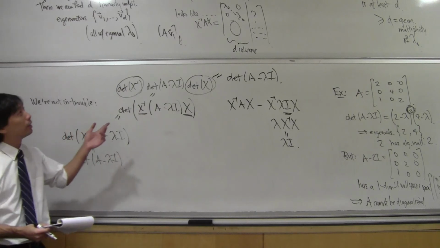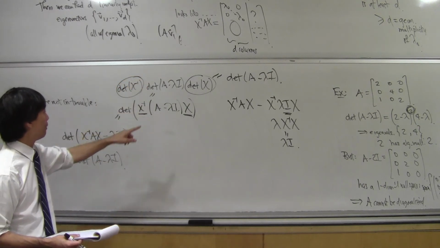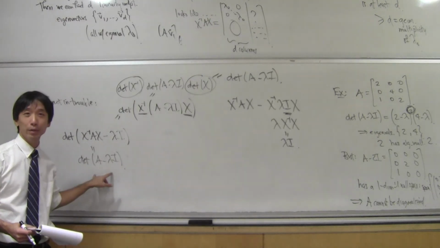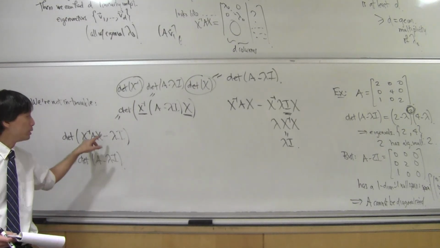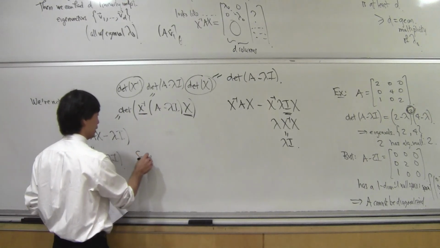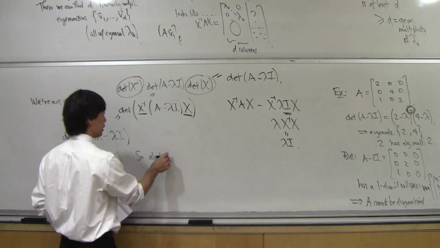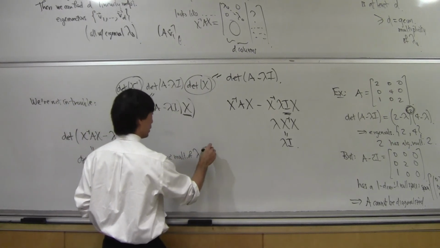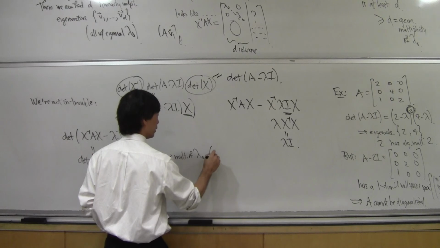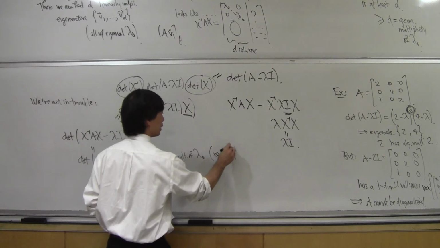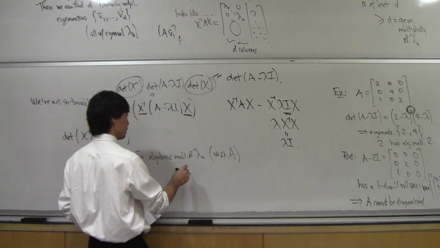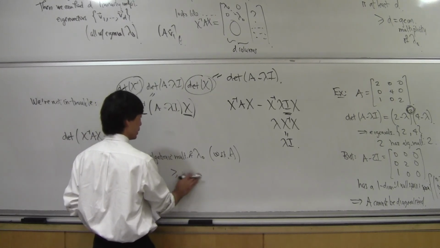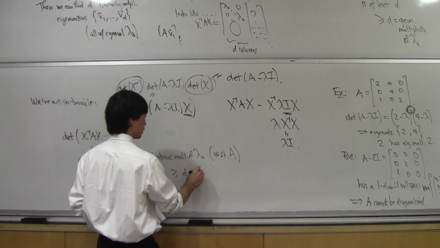So you say, well, look, the algebraic multiplicity of lambda naught is at least d in this polynomial, but this is the same polynomial, right? So we can actually say the multiplicity of lambda naught with respect to A, not X inverse AX, is greater than or equal to d, which is the geometric multiplicity.